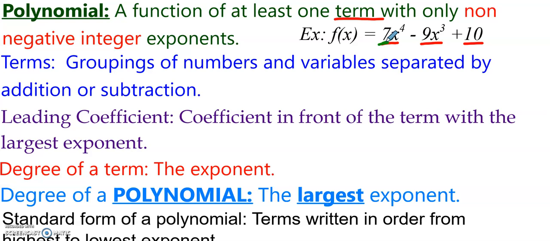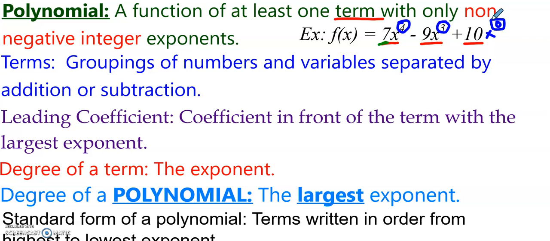Degree of a term, that is the exponent. So each term has its own degree. So this is degree 4, this is degree 3, and remember this was x to the 0, so the degree was 0. But we don't care as much about the degree of each term as we do the degree of the polynomial. So the degree of the polynomial is the largest exponent.